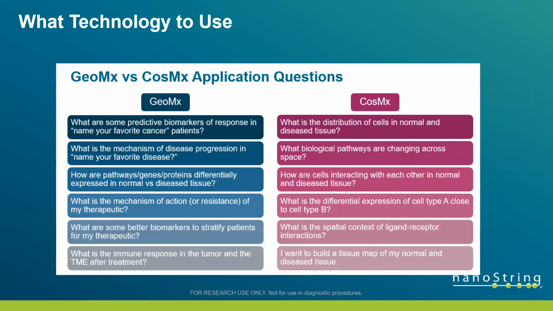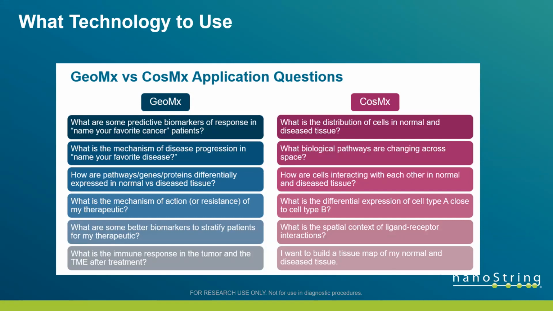So really looking at understanding things like differential expression across cell type A as an example, relative to its proximity to cell type B, or because of the 1,000 plex that we're at today, being able to look at many different ligand receptor pairings, and at 6,000 plex, over 200 different ligand receptor pairings, or really just looking to understand a basic tissue map across tissue.